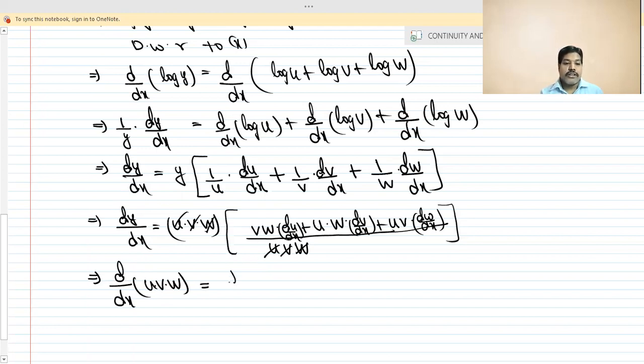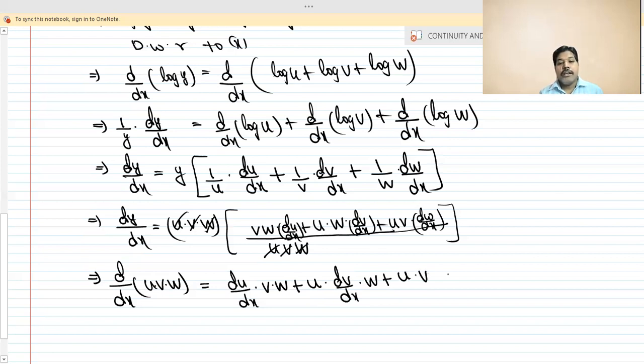The first one is du by dx into vw, plus the second one is u into dv by dx into w, plus the third one is u into v into dw by dx. So this is the derivative of uvw.